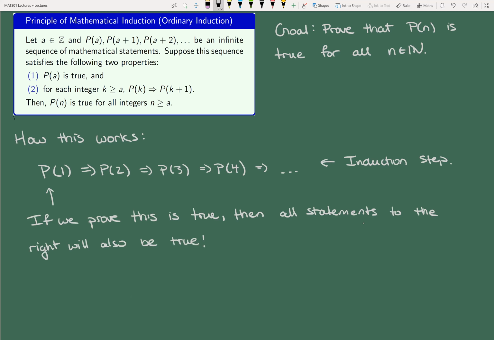Right? That's the whole point of this implication arrow. You prove P(1) is true. That tells you P(2) is true, P(3) is true, P(4), and so on and so forth. Right? So that's the whole power of induction. It allows you to prove a statement P(n) is true for all possible n.